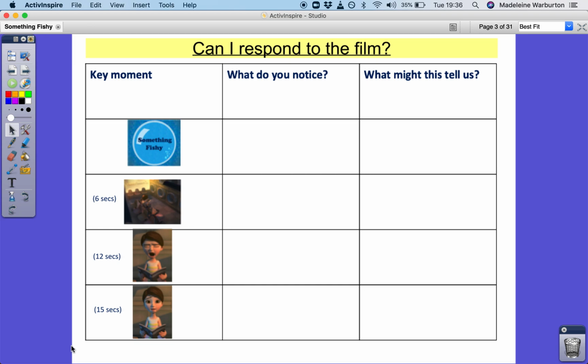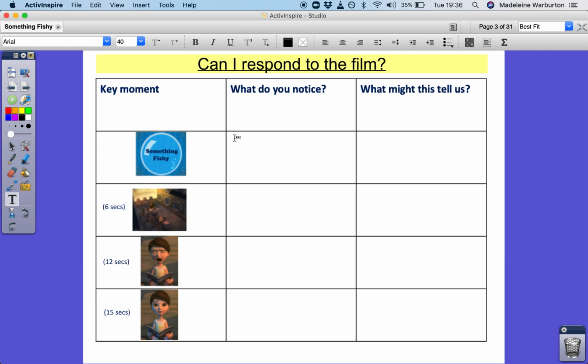So what I want you to do today is to respond to that part of the film. I've got a sheet here, and it's got key moments in the film, and the time if you want to go back to that key moment and watch that bit again. We've got what do you notice and what might this tell us? So, what do we notice about this heading here? Something fishy. What does that tell us?